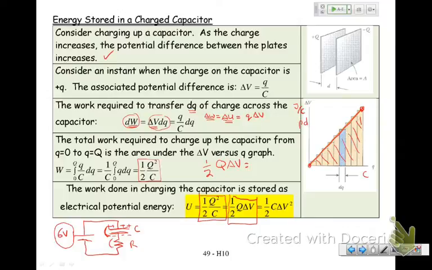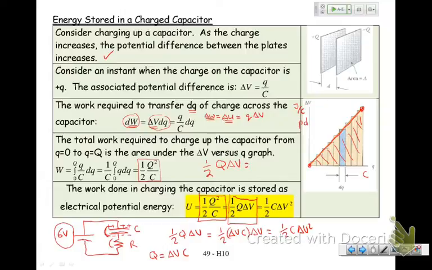We can rearrange, so a half of Q times delta V, and remember that Q equals C delta V. So let's substitute in for Q. This equals 1/2 of delta V times C times delta V, which equals 1/2 C delta V squared.